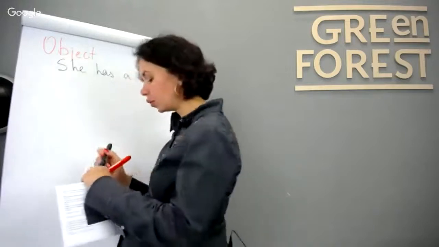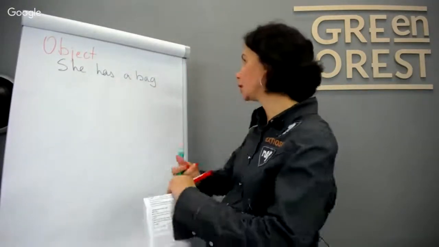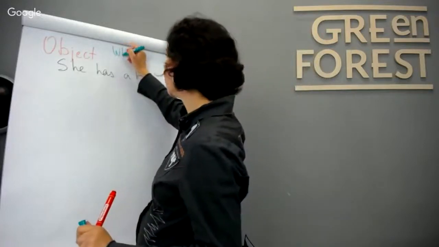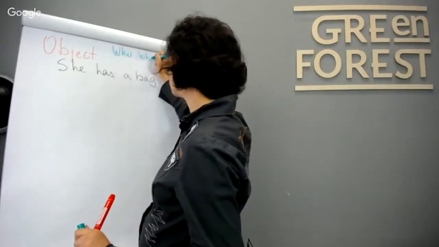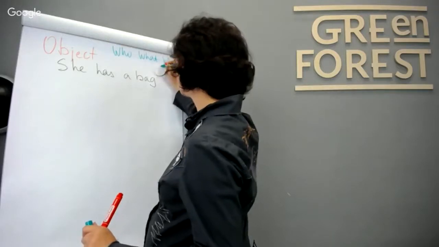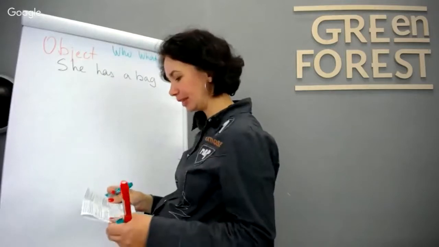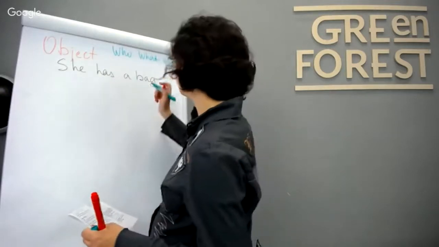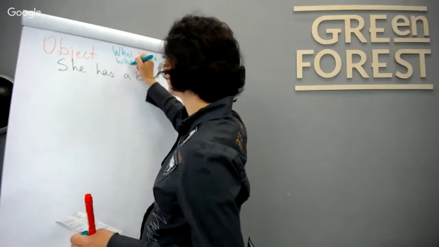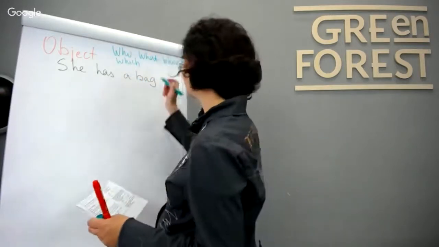Talking about the object, we need to use the same question words as I wrote before: who, what, sometimes whose. Actually, we can use lots of questions with an object: where, which, and so on and so forth.